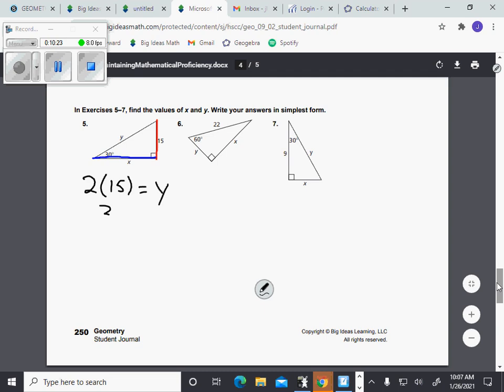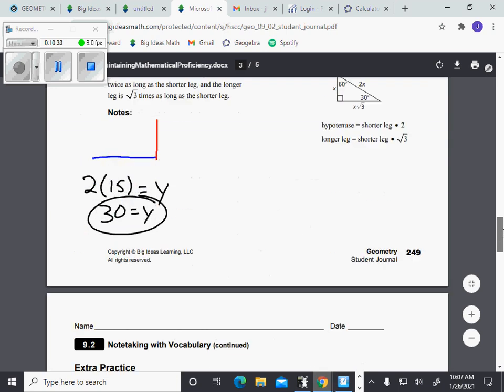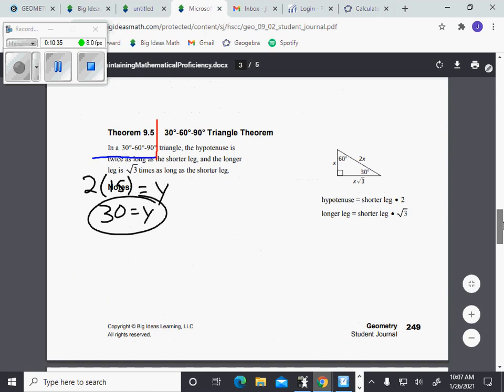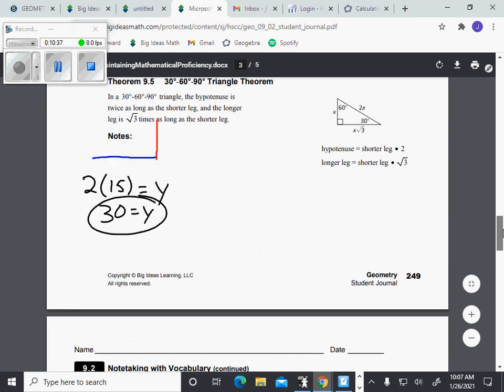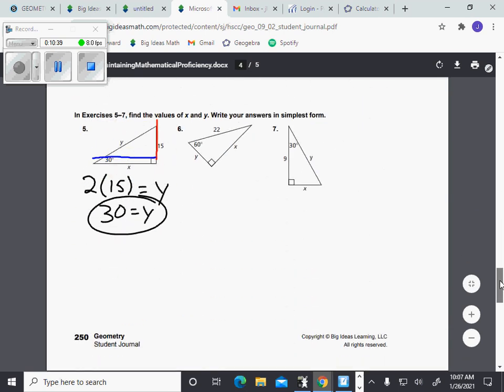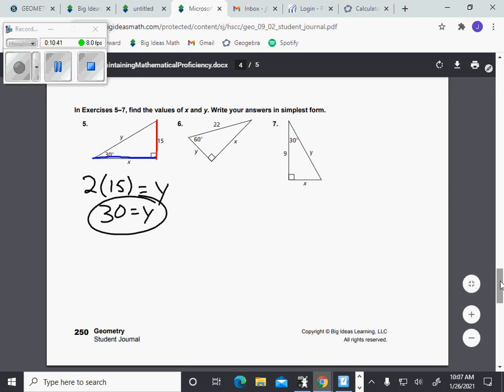So 30 is equal to y. If we don't know that other leg, let's go up here, let's take a look. That long leg is x, so our short leg times the square root of 3. So x is going to equal 15 times the square root of 3.